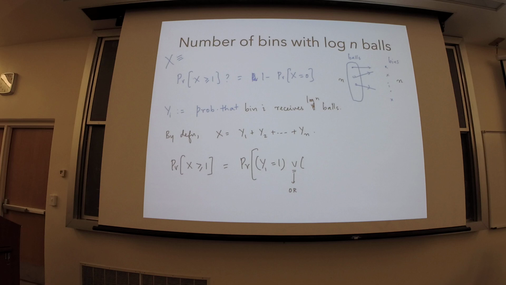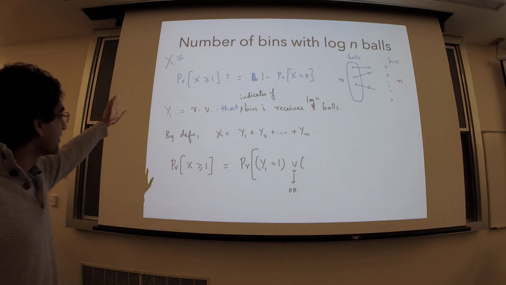You wrote yi as the probability, but don't we really want it to be the event? Sorry, yes. Yi is a random variable, and this makes a big difference, so you should note this.